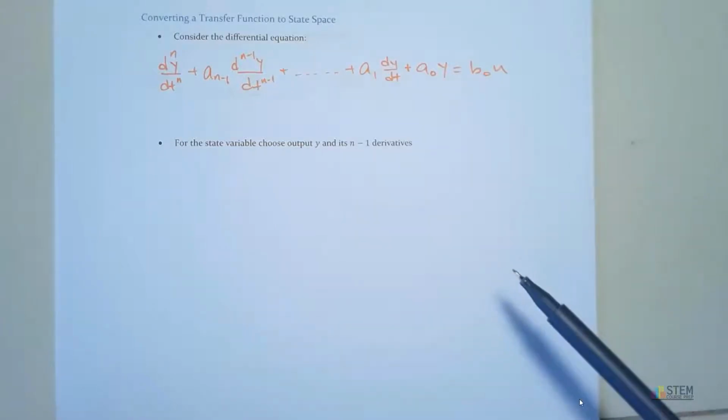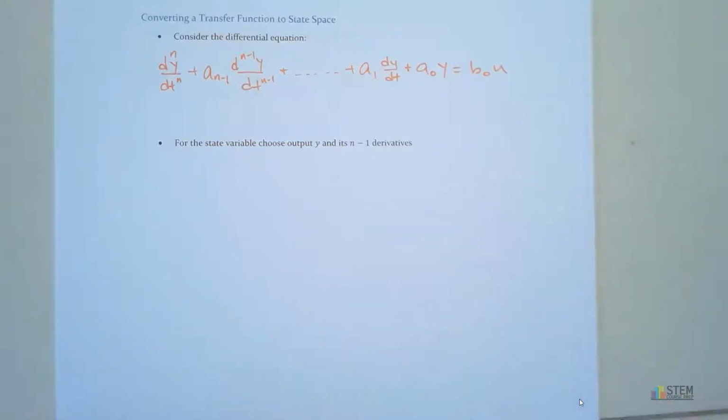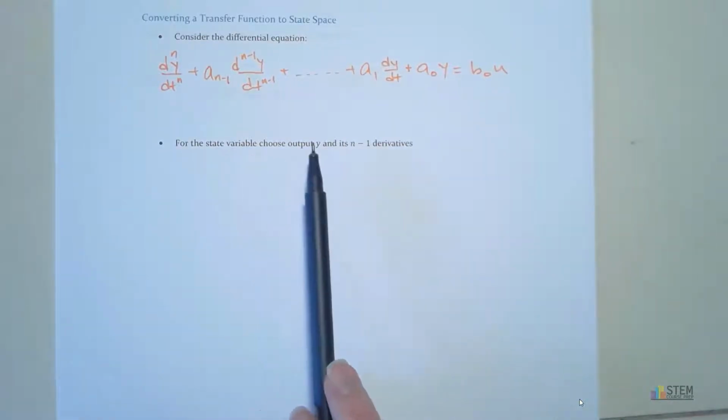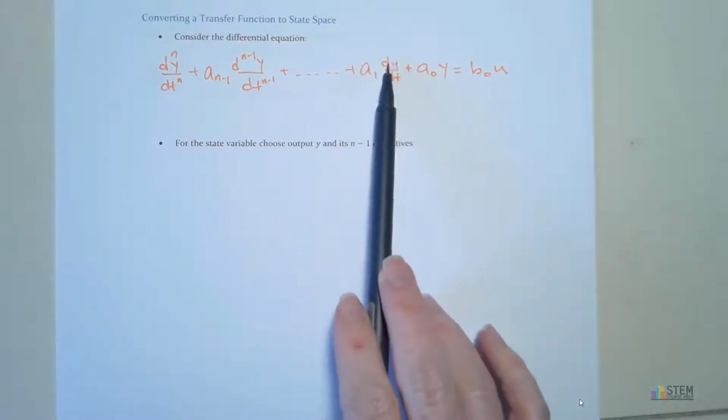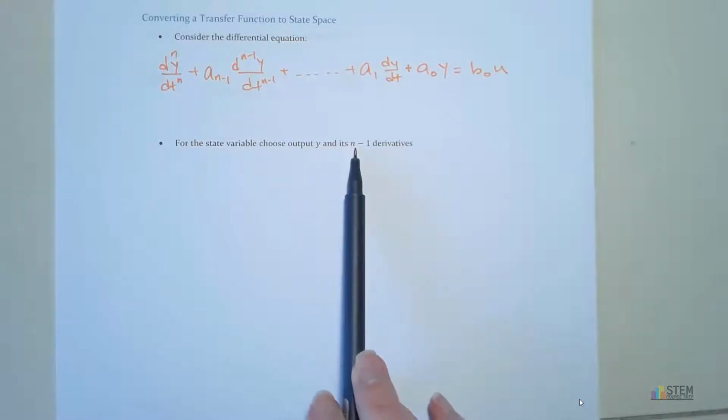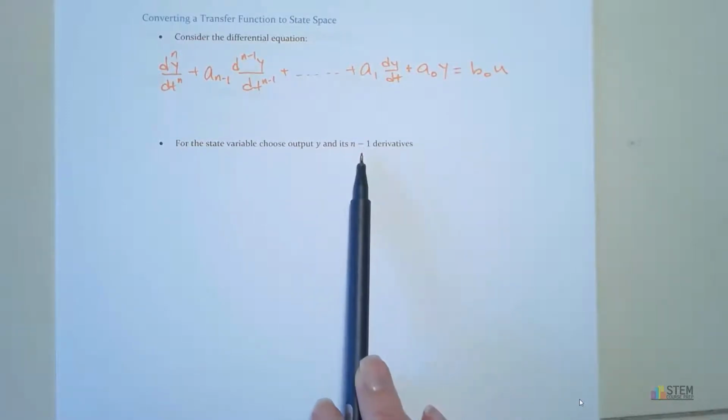Now, once we have this part, we've got to choose our state variables. For the state variables, we're going to choose the output y, since our variable here is y. So we're going to choose the output y and its n minus 1 derivatives. You'll see why it's n minus 1 in just a second.